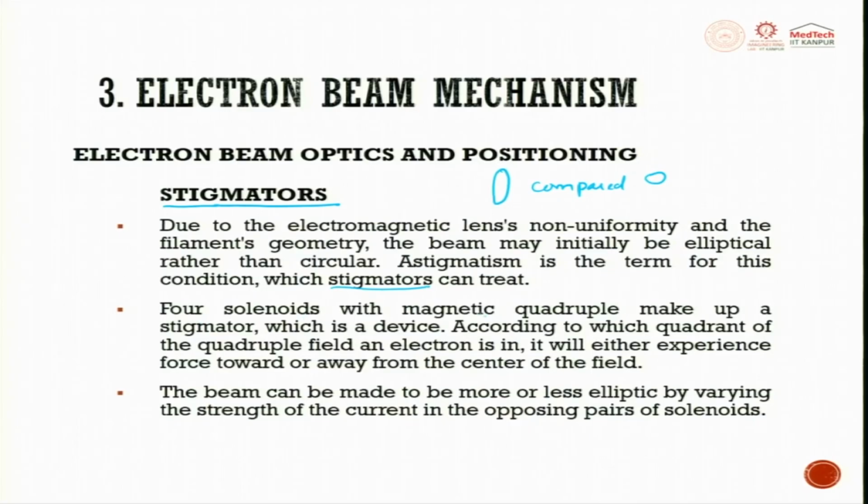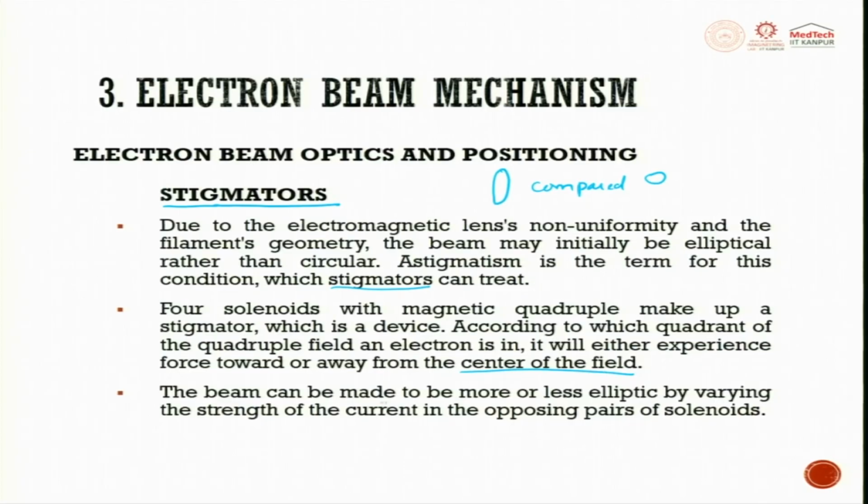Four solenoids with a magnetic quadrupole make up a stigmator, which is a device where, according to which quadrant of the quadrupole field an electron is in, it will either experience force towards or away from the center of the field.